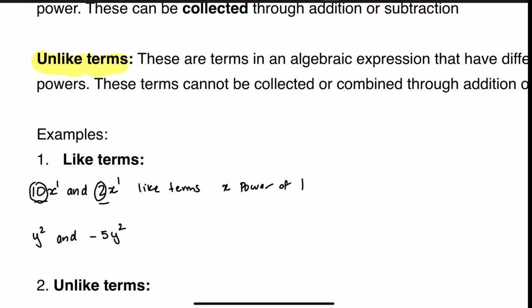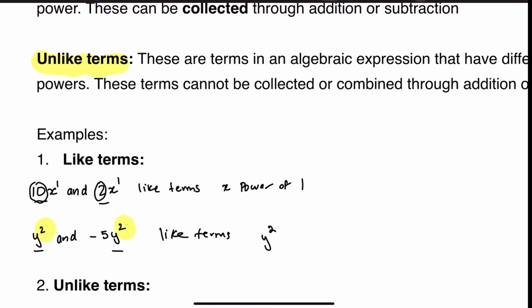The next example here is y squared and minus 5y squared. So we have our variable y and y. We can see that this is also like terms because the y is to the power of 2 for both of them. If you guys also want, you can highlight this so you have a better understanding.